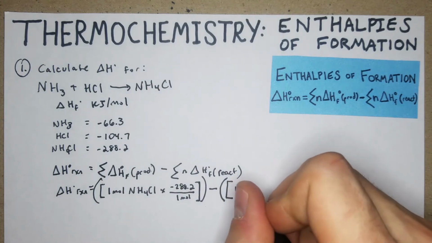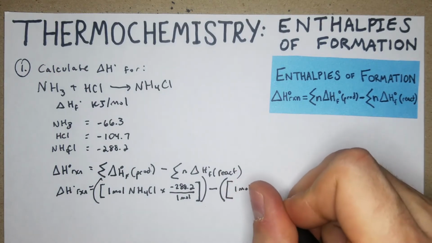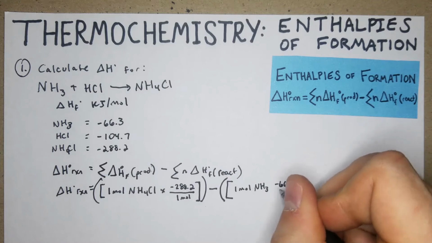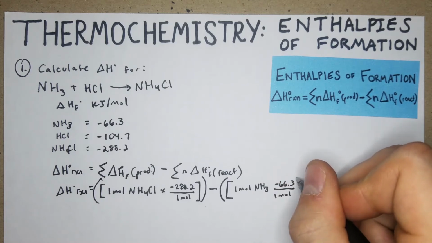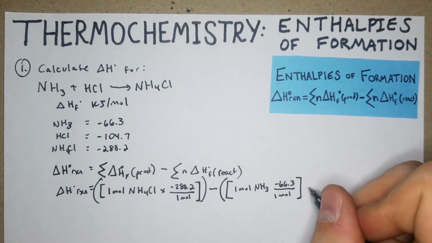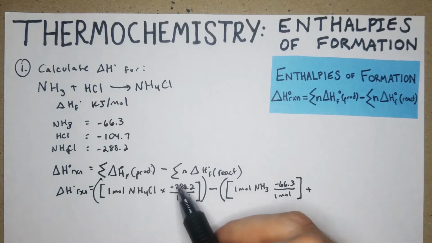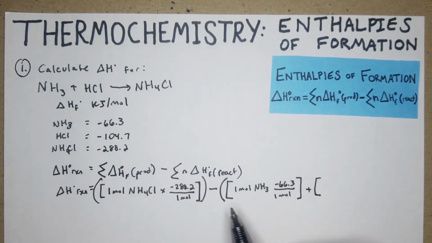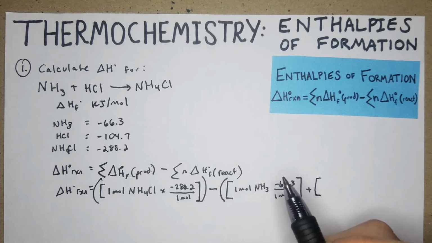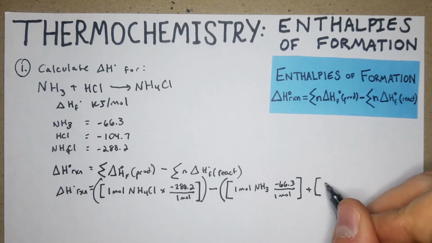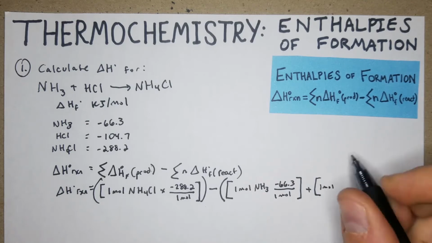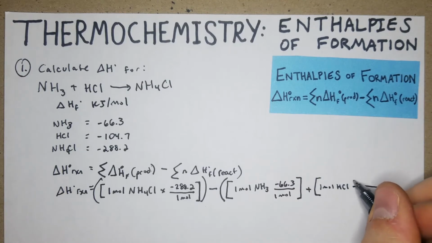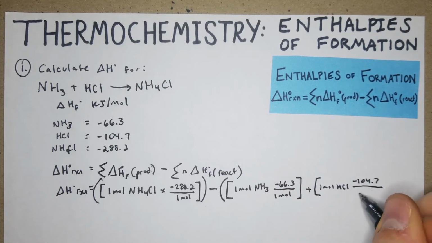So we're going to have 1 mole of NH3 times negative 66.3 per 1 mole, and because this is a summation, it's everything added on that side. So we're adding the reactants, and then we're subtracting the reactants from the product summation. Now we have the HCl, and HCl was negative 104.7 per 1 mole.